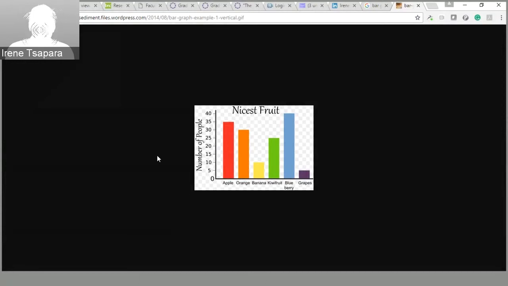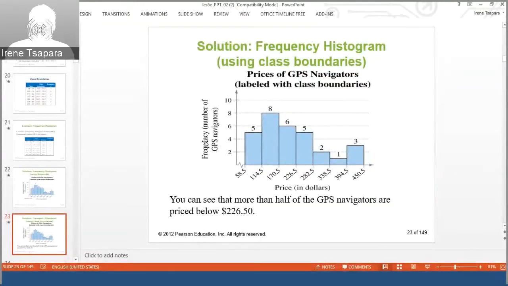Basically, it's a correction of the limits of each one of the classes. Okay. Otherwise, the y-axis is the same. It's a frequency of data points for each one of the categories here, while for the histogram it is a frequency for each one of the classes.